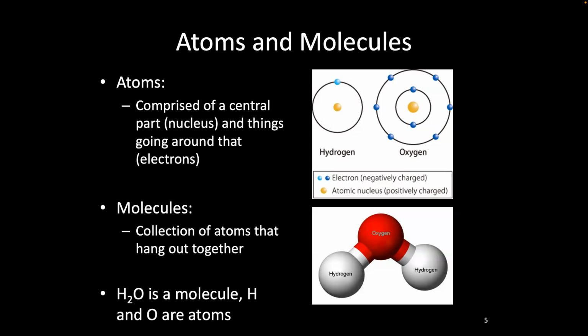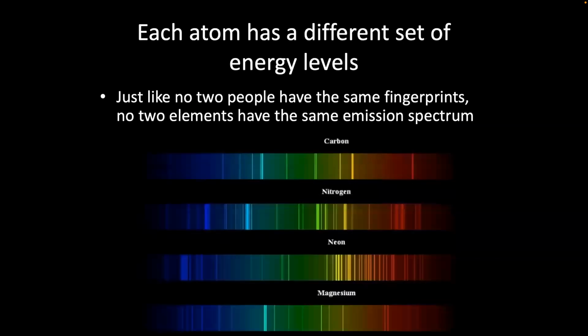Okay. So water's a molecule, and H and O are atoms. And this is how you get this emission line spectrum. You pump these things full of energy, and we saw this on Monday. We heat up the gas, very hot gas, and it lets off these specific lines.